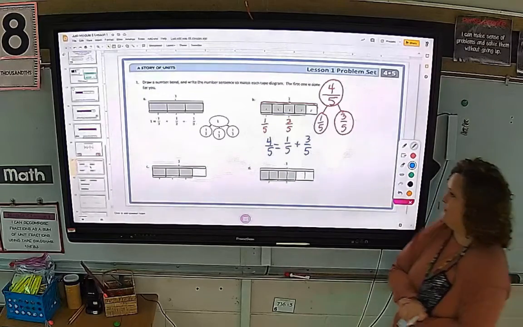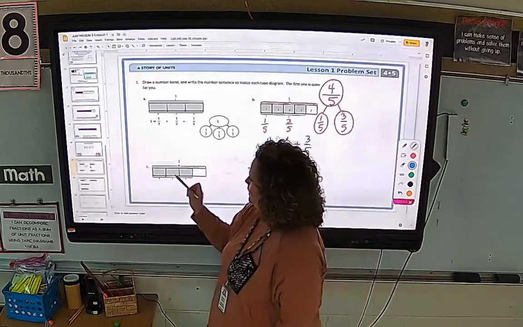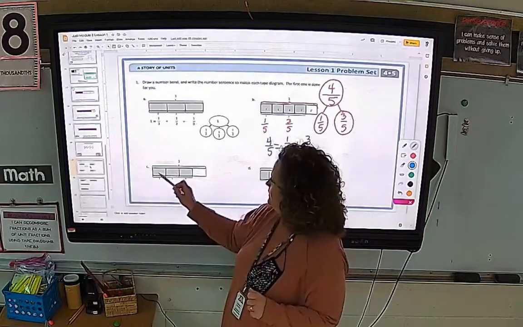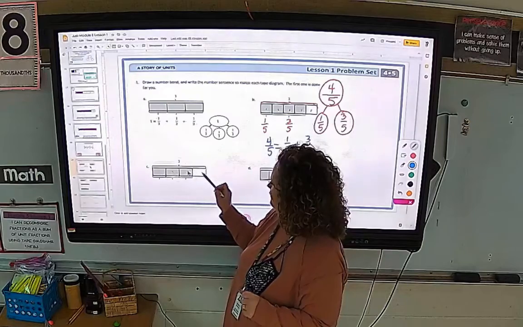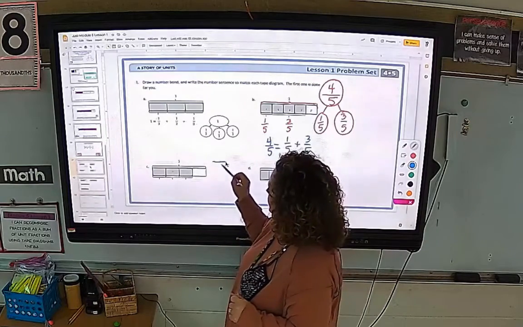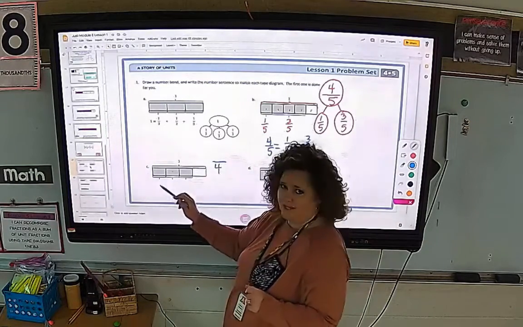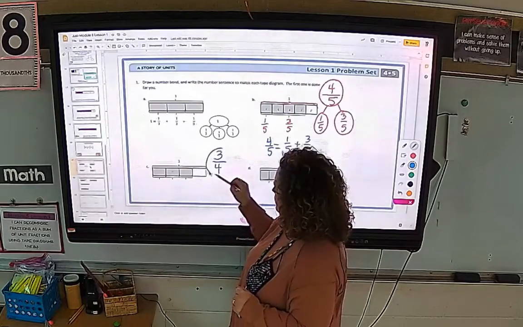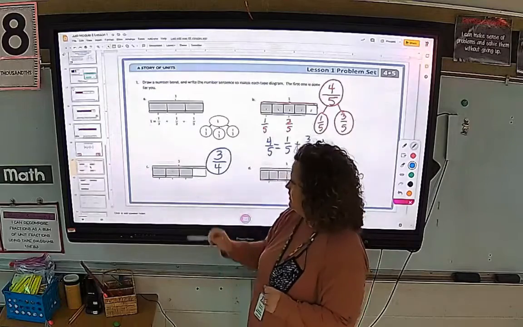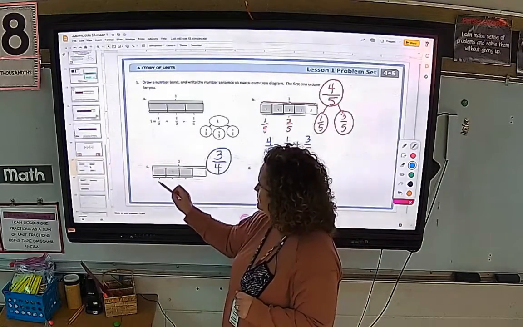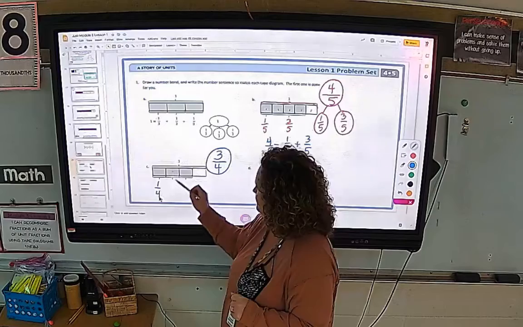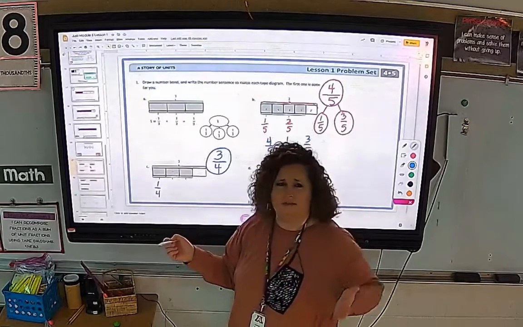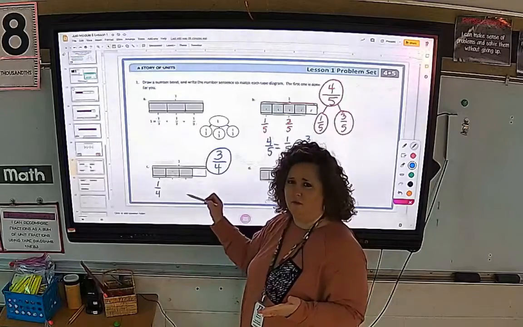All right. Moving over here. We are going to count how many pieces are in the whole to begin with. So we've got 1, 2, 3, 4. So our denominator is 4. How many are shaded? 1, 2, 3. That's the beginning of our number bond. How many are in this bracket? Well, that's 1/4. And be careful, because when you see 3 shaded, you almost want to say thirds. That's not thirds. There are 4 pieces in the whole.